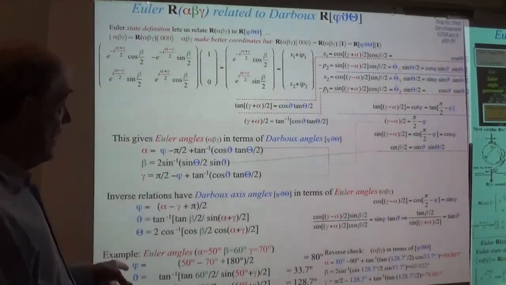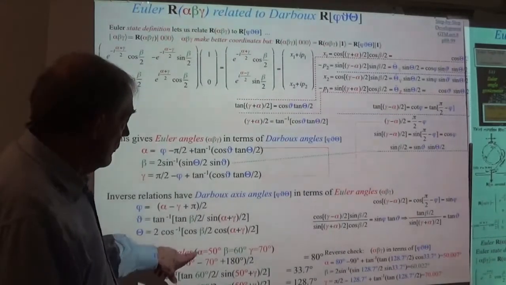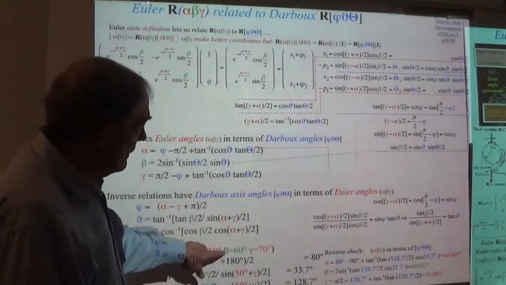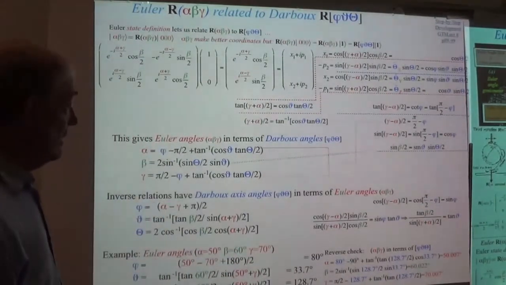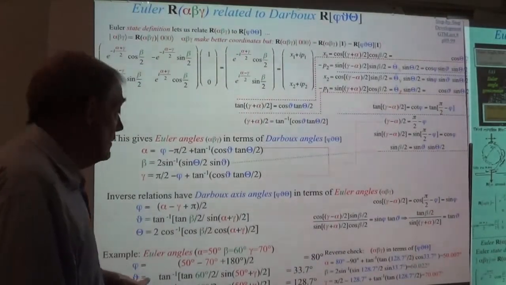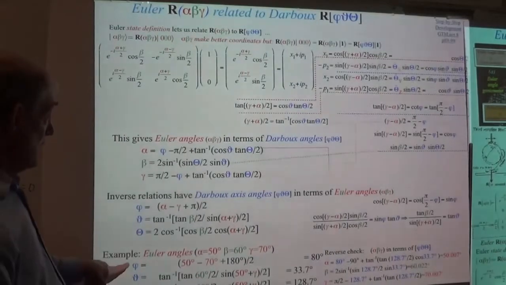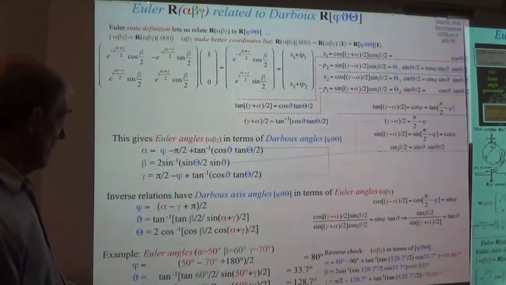And the example that is going to be shown here, I'm going to take alpha equal to 50 degrees, beta equal to 60, and gamma equal to 70. We're going to start with a state that has that with this machine right here. And we're going to figure out what the phi is, the theta is, and the big theta is.